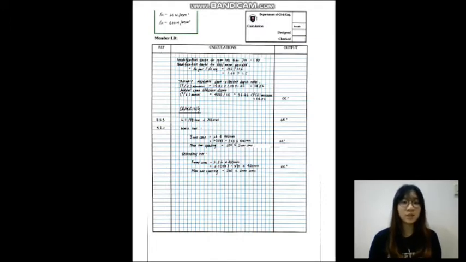For the cracking part, we know that h is equal to 150 mm, which is smaller than 200 mm. The main bar spacing is 350, which is smaller than the maximum for the slab. The secondary bar is also smaller than the maximum for the slab, and the value is 300.